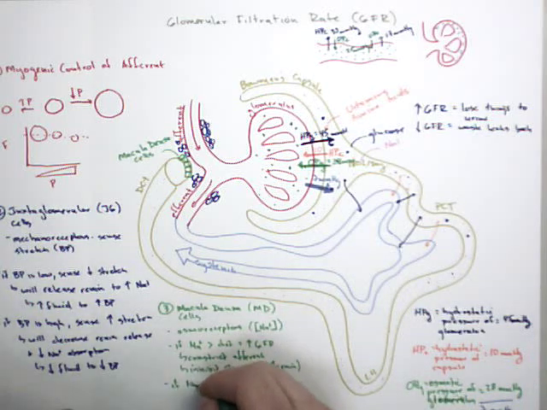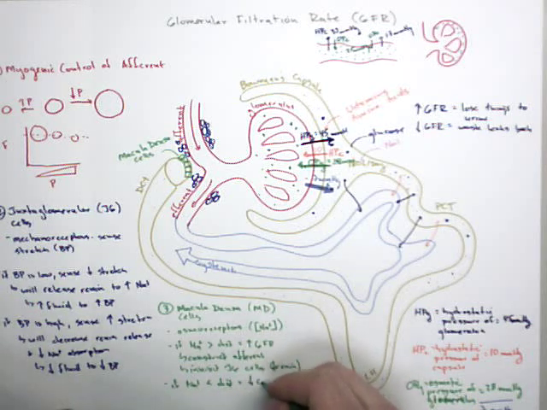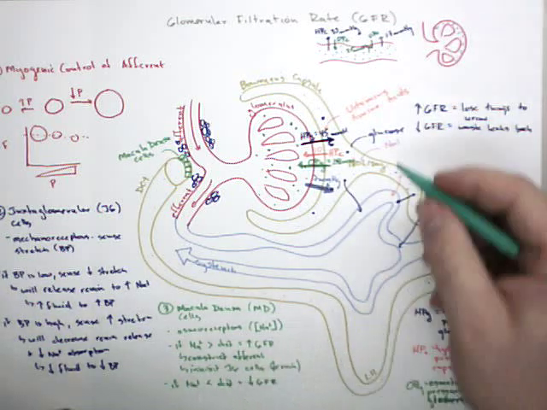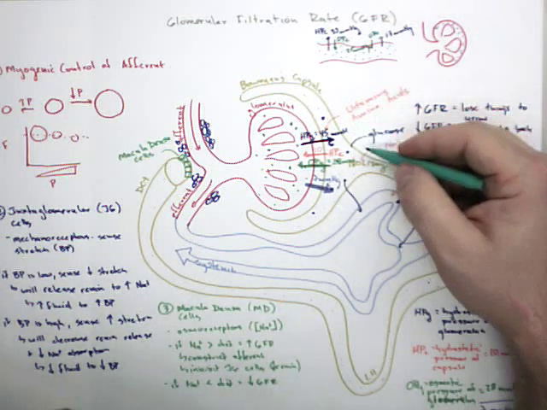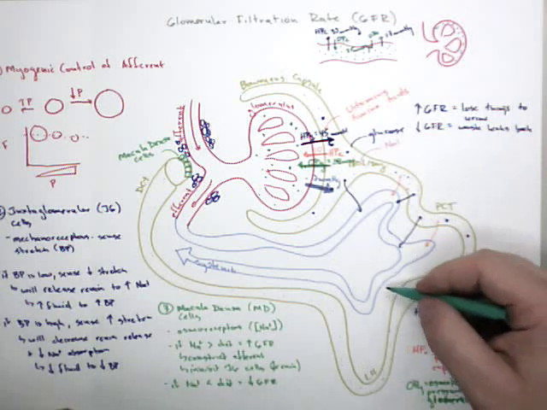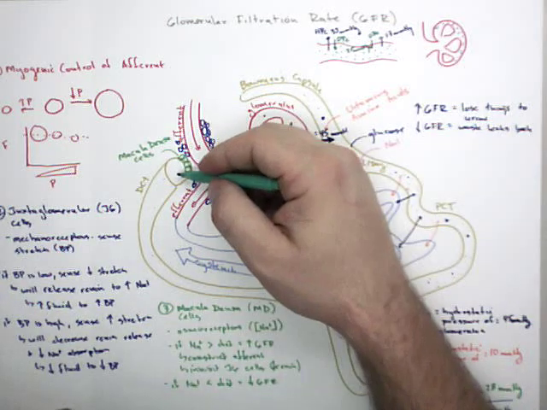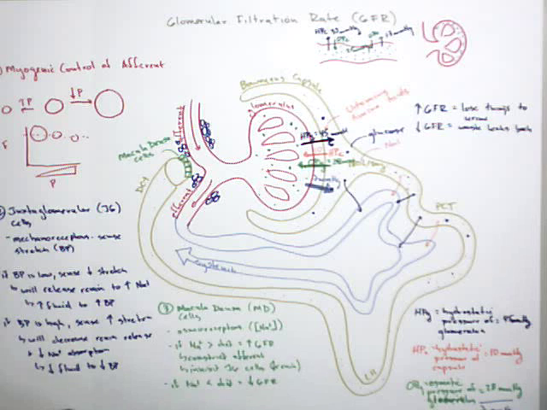If sodium is less than diet, this must mean there's too low of a GFR. And too low of a GFR means that the sodium was able to reabsorb and no sodium ended up back over here in the distal convoluted tubule. So what we need to do is get GFR back up.